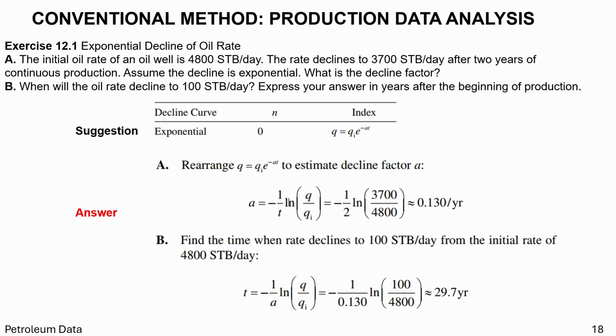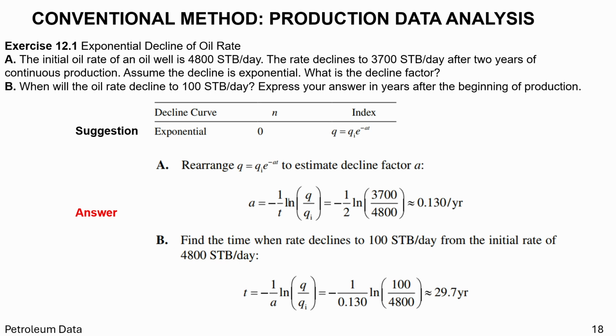Here I can help you through the solution step by step. Start from the exponential decline form, substitute the known initial and final rates, solve for the decline constant, and then use that value to estimate when the rate reaches 100 stb/day. What is important pedagogically is not only the final answer, but the interpretation.